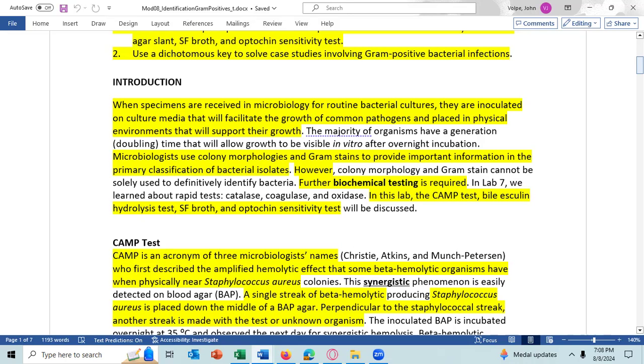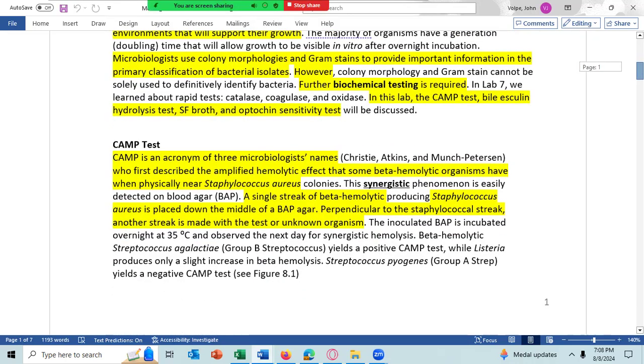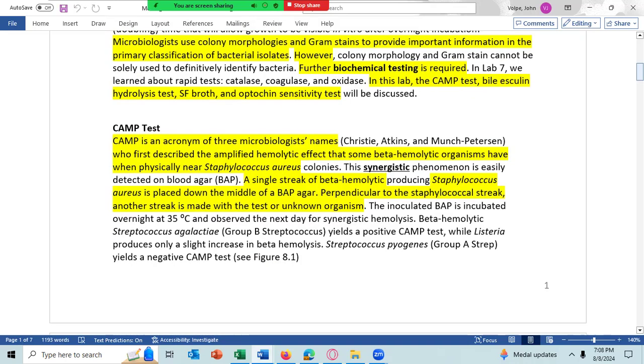In this lab, we're going to talk about the CAMP test, the bile esculin hydrolysis test, the SF broth test, and the optochin sensitivity test. The CAMP test is an acronym of the names of 3 microbiologists who invented it: Christie, Atkins, and Munch-Petersen. You just take the first letter of each of these names and you get CAMP.